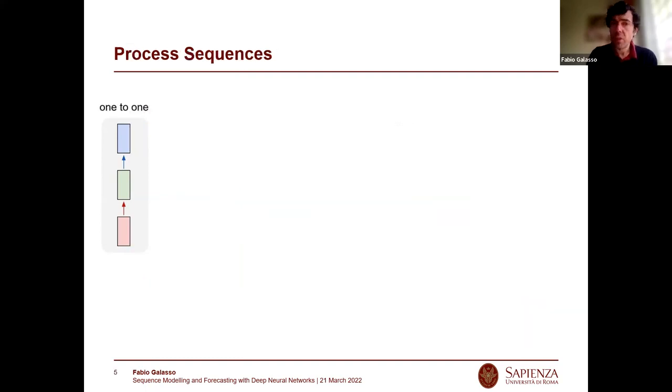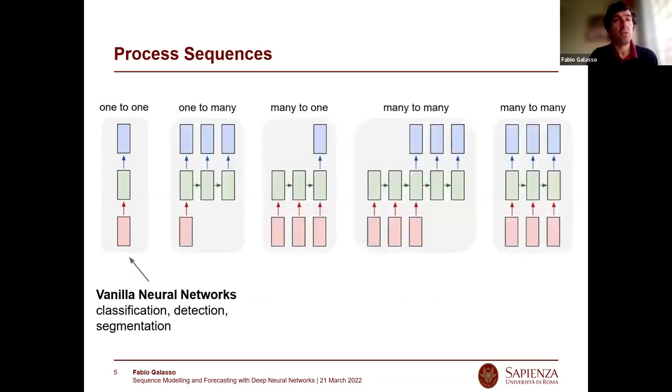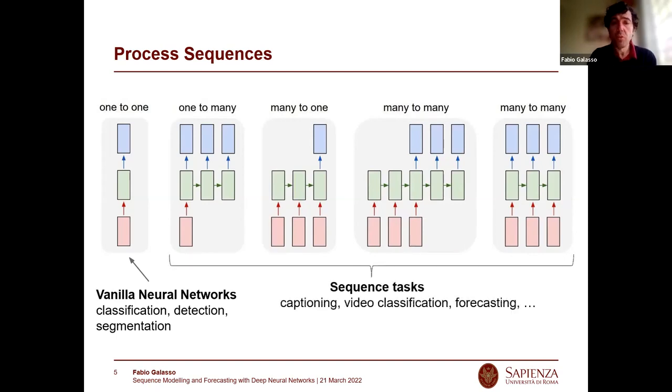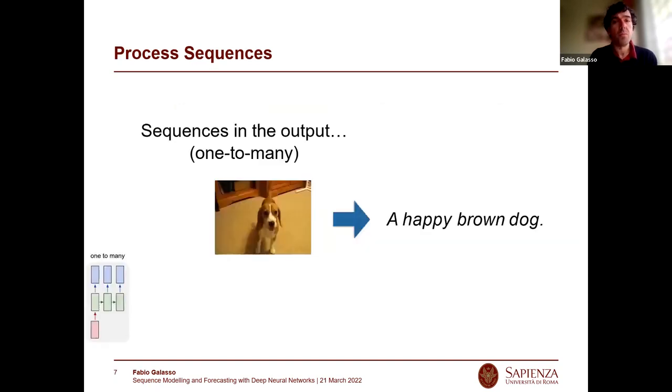In reality, the majority of tasks in the world are not this sort of vanilla one-in, one-out, but rather have inputs and outputs that are many. So we have sequence tasks, for example image captioning, meaning you take an image in and you want to describe it, so multiple words need to be produced.